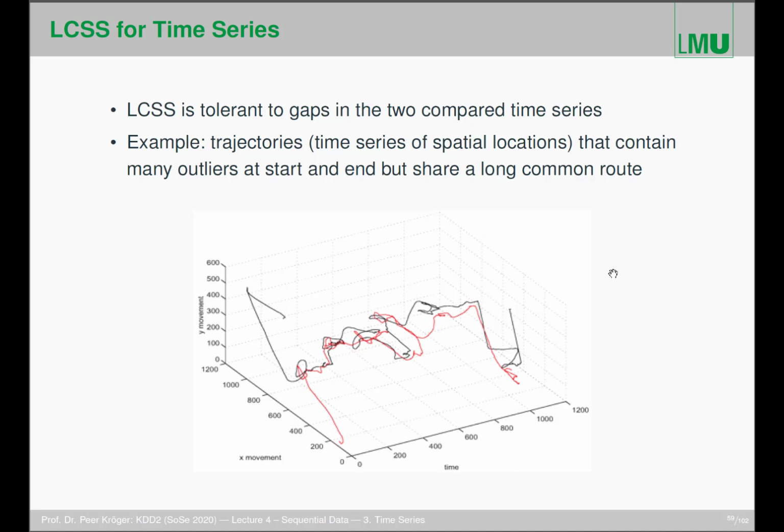And then finally, of course, we also have LCSS, the longest common subsequence for time series, which is tolerant to gaps in the two compared time series. Very popular, for example, for trajectories, where you may have some common path in the middle, where both trajectories have to use the same motorway or the same streets to go into the city, but they start from, say, different countryside towns or villages.